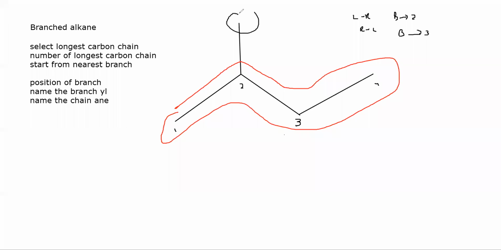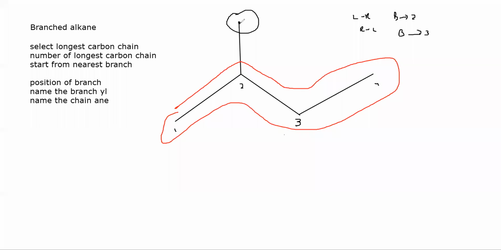And this one is a branch. How many carbon atoms are there in the branch? Only one carbon.